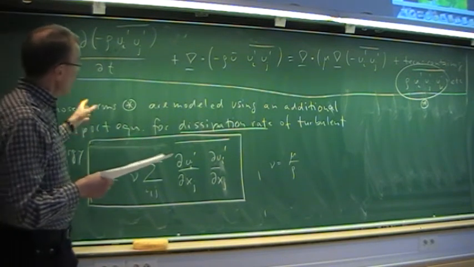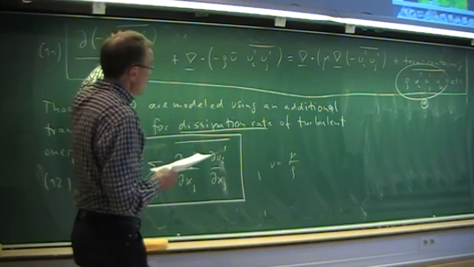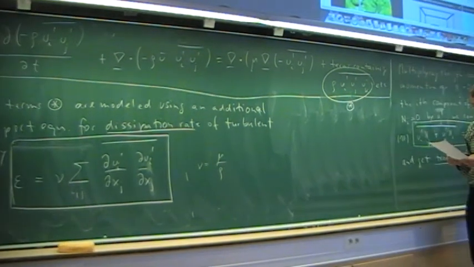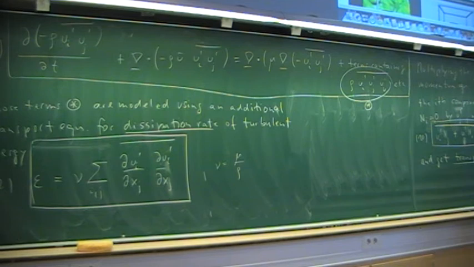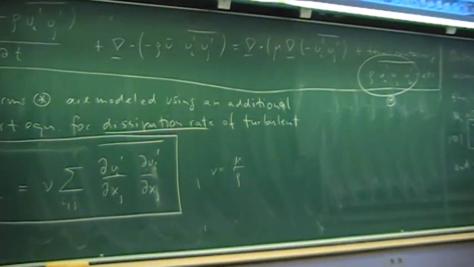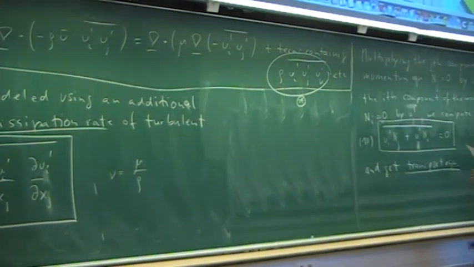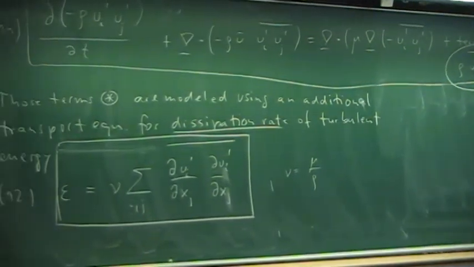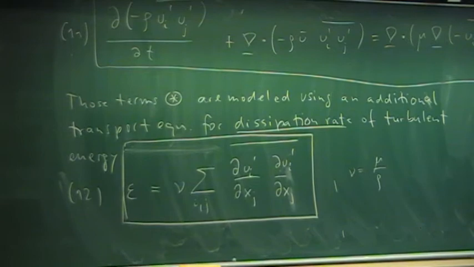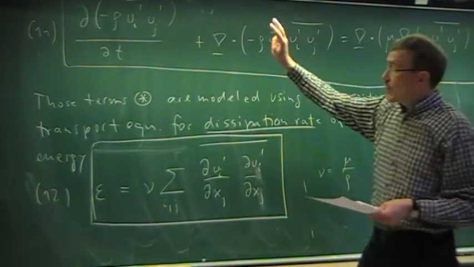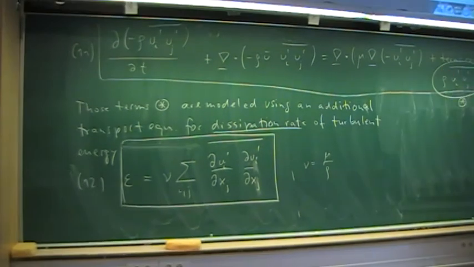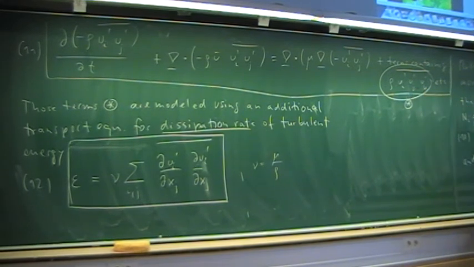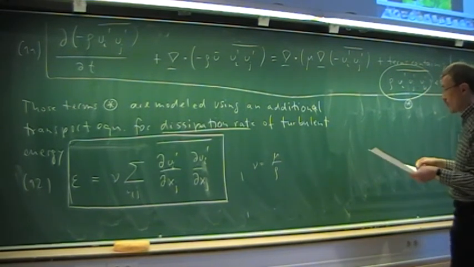And to do this modeling, we have to do another modeling, a second modeling of these higher order terms. And modeling that is called closure, so therefore these models are also called second order closure models. So once more, to get the Reynolds stress tensor that we need in the Reynolds average Navier-Stokes momentum equations, we solve these transport equations, but in that we have to model these additional terms. So we have then this second closure.